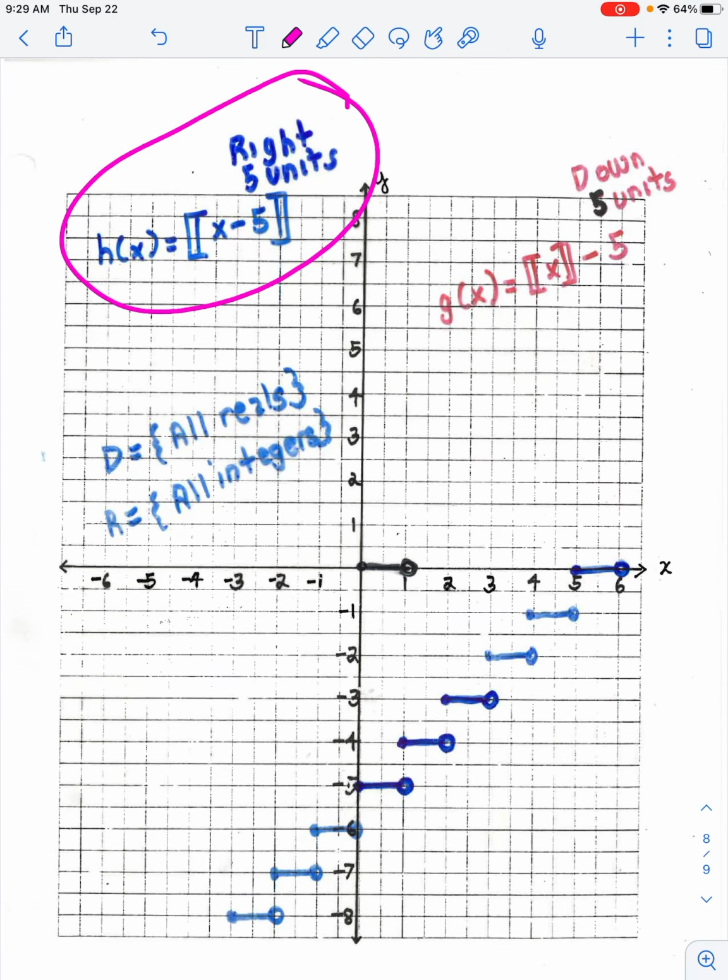So I know you think it's going 5 units down. 5 units down is written like that. It happens to be with the greatest integer function, they're the exact same graph. Because if you look at this parent step, I can move it 5 units to the right, which is h of x, or if I move it 5 units down, that's what I've called g of x here. So that's what I want you to notice.